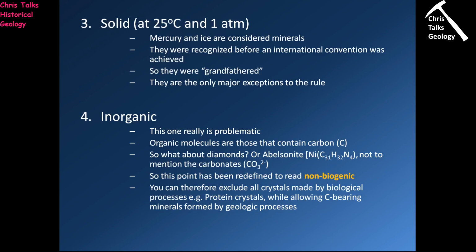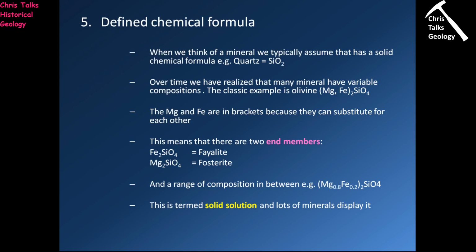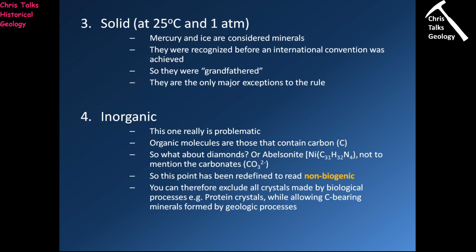In contrast, if you think about things like protein crystals, which are produced by bacteria, those crystals are natural, they're homogeneous, they're solid at room temperature, they have an organized crystal lattice, and, oh yes, they have a defined formula. But obviously they're produced through an organic process, and so they cannot be considered to be a mineral. So inorganic has now been replaced by non-biogenic.